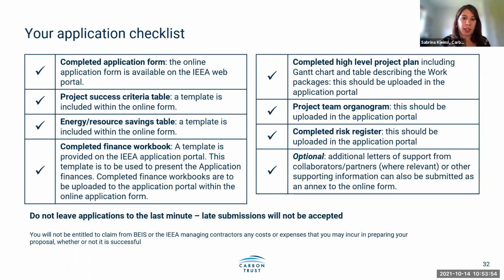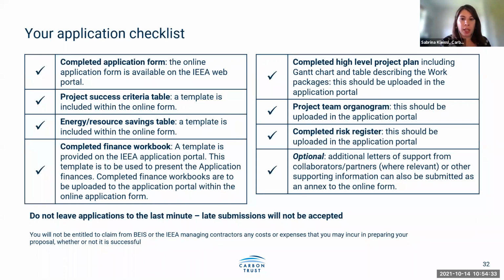A project plan, including a Gantt chart and the table describing your work packages, a project team organogram, and a completed risk register. All these should be uploaded into the application portal. And also, as mentioned before, there's the opportunity to submit any additional documentation that might be letters of support from your partners or any other supporting information that you think makes a good case for your application.